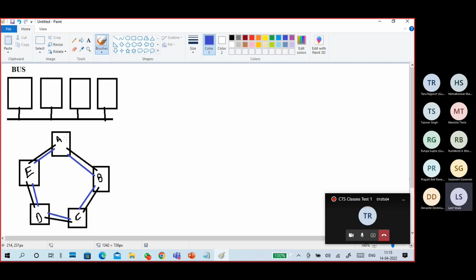It means A wants to send a message to D. Either A will send through B, C, D, or it sends a packet to E, and E to D. Depending upon the algorithm, it will send it. If a device is down, still no problem, it chooses another path to reach the destination.